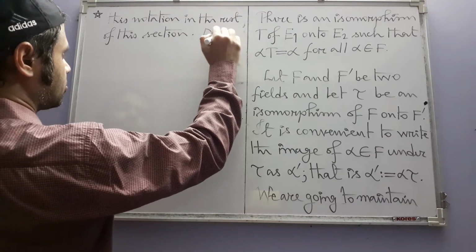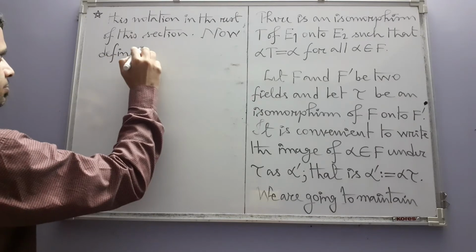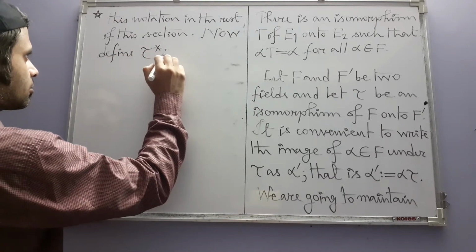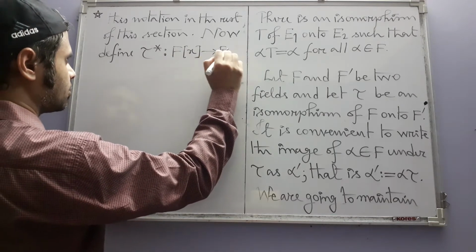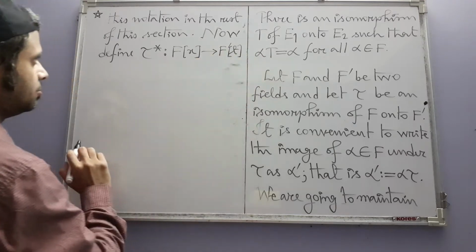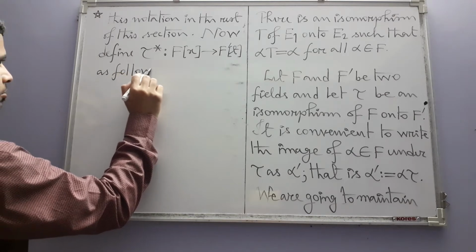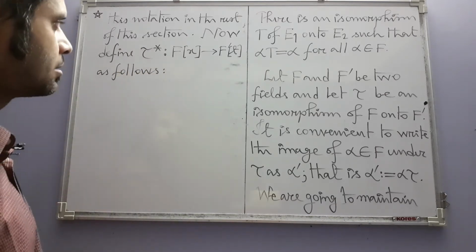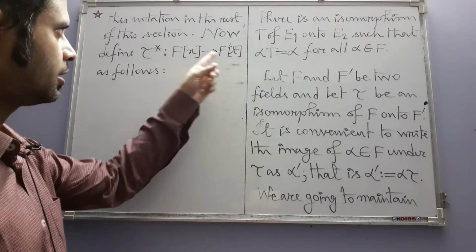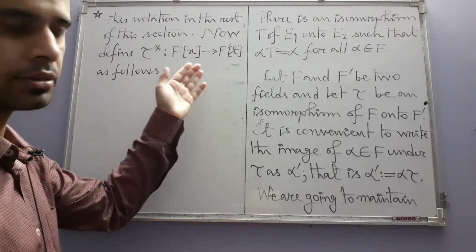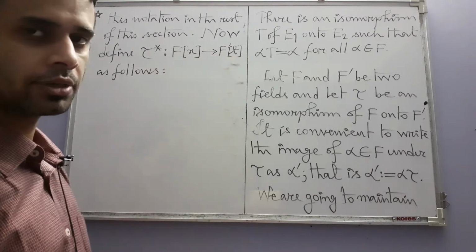Now define tau star from F[x] into F prime[t] as follows. To keep things as distinct as possible, we are denoting the indeterminates in these two polynomial rings separately using separate symbols. This one we are calling x and this one we are calling t.